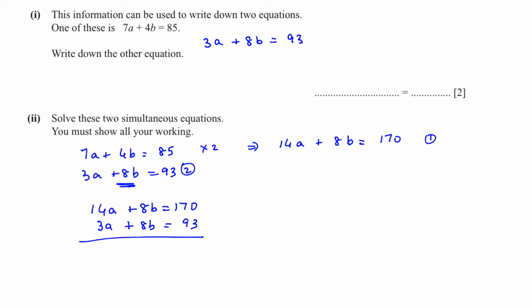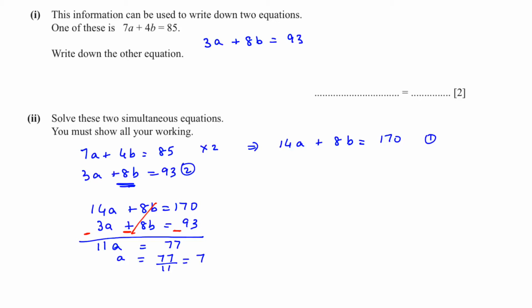And the signs will change. This is plus 3a, it will become negative 3a. Plus 8b will become negative 8b. Plus 93 will become negative 93. This will get cancelled. And 14 minus 3 will give me 11a is equal to 170 minus 93, 77. a is equal to 77 divided by 11, which is 7.